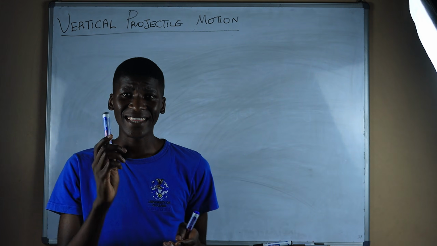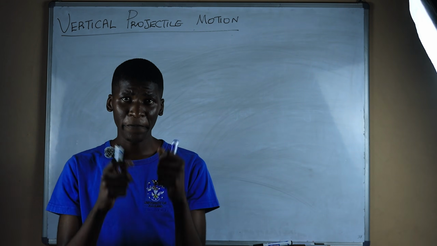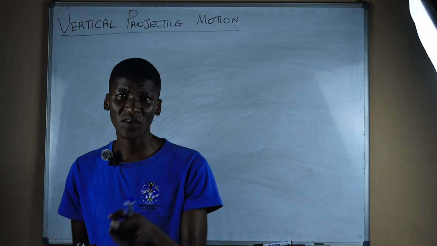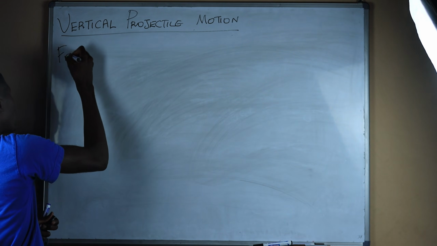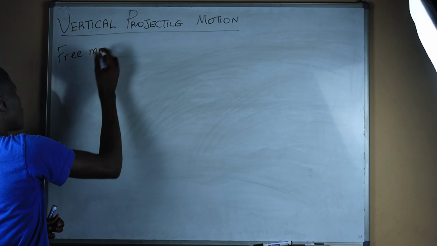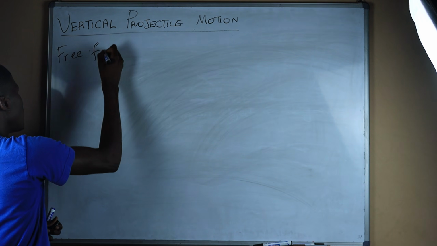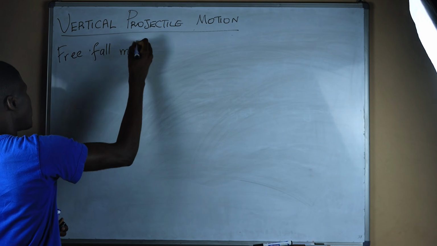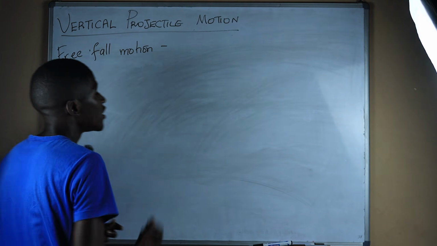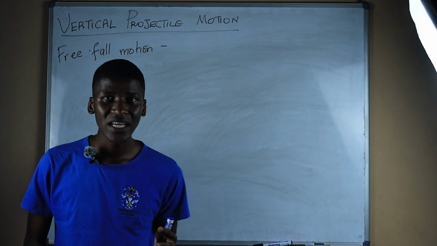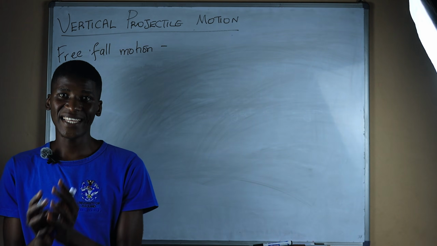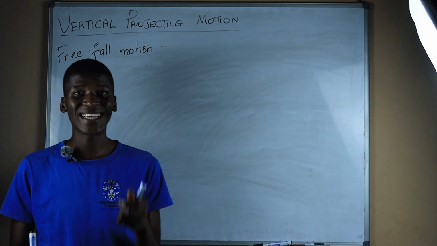That type of motion is known as free fall motion. So let's talk about free fall motion first. How do we define it? This is the motion in which the only force acting on an object is the gravitational force.